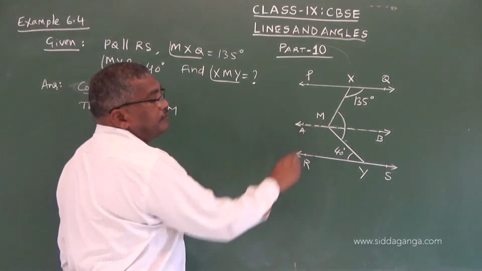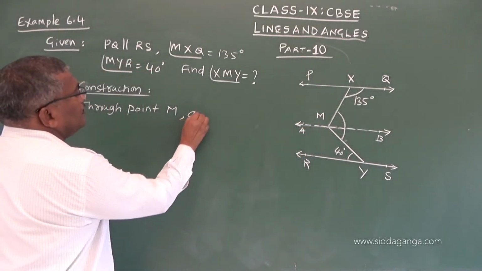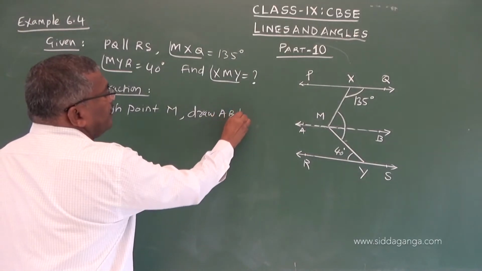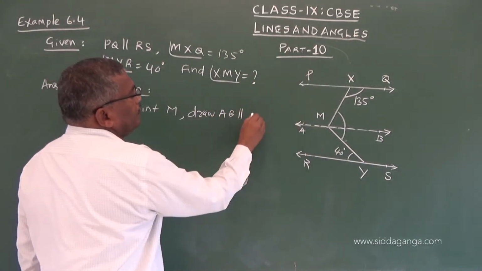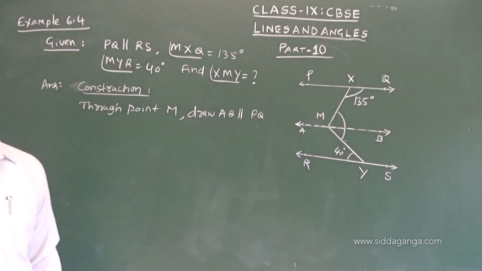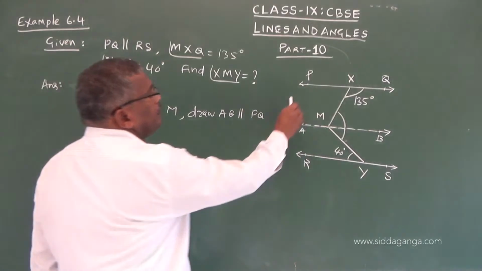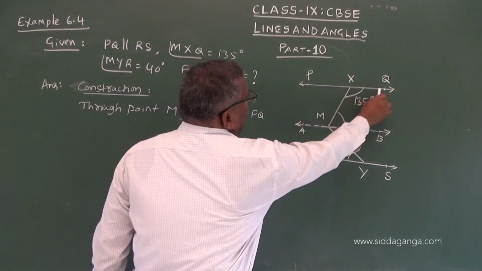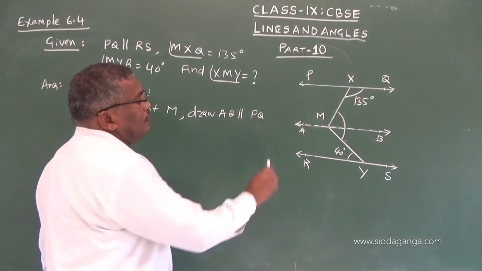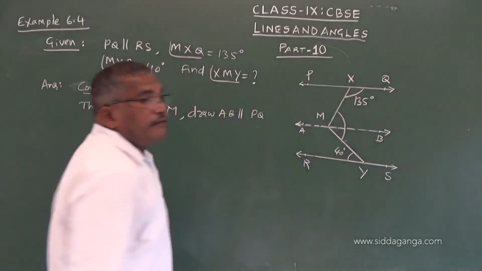Through point M, draw AB parallel to PQ. So PQ is parallel to AB. So now we have drawn a line.